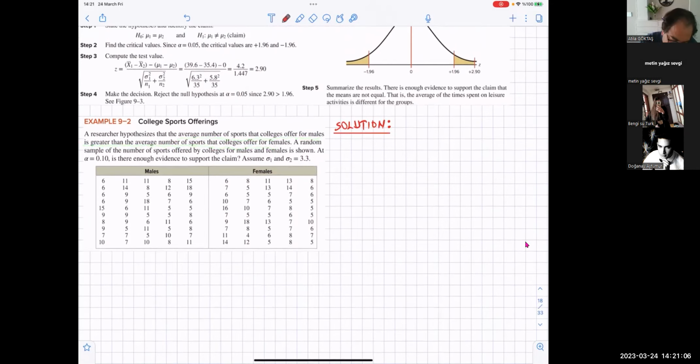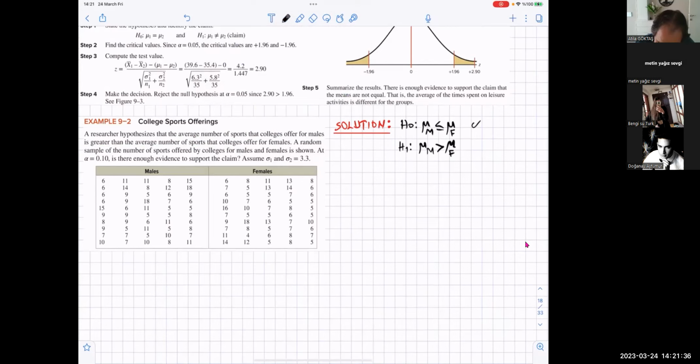So the null hypothesis is H0: mu male is less than or equal to mu female, and the alternative, which is the claim, is mu male is greater than mu female.